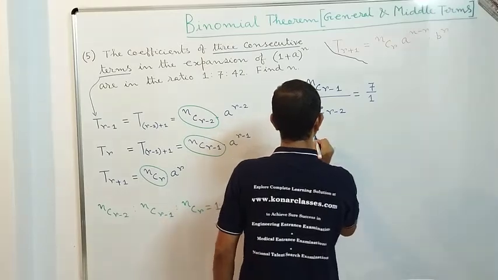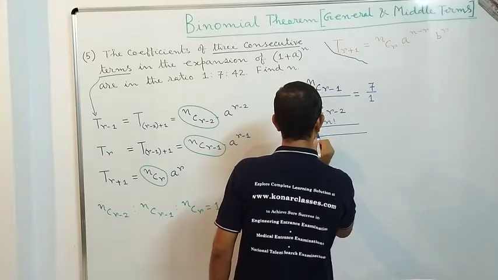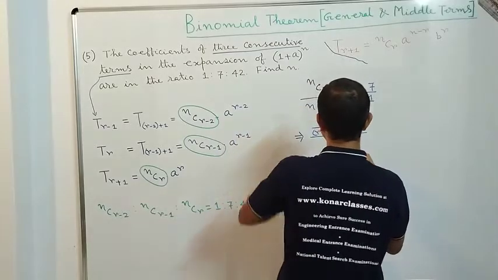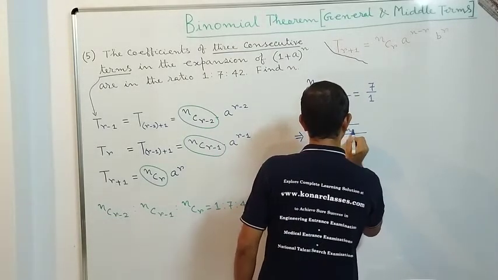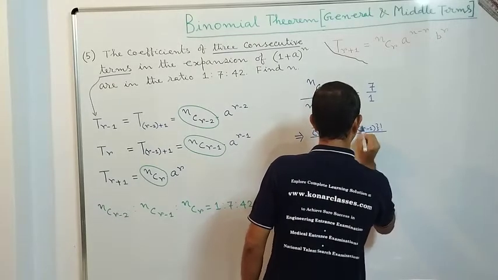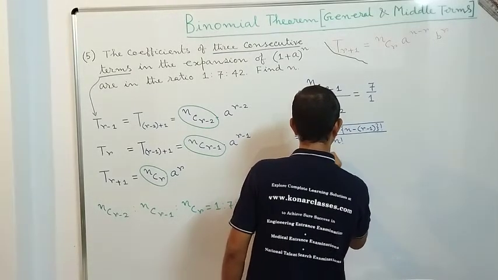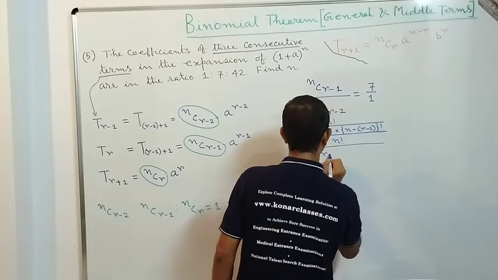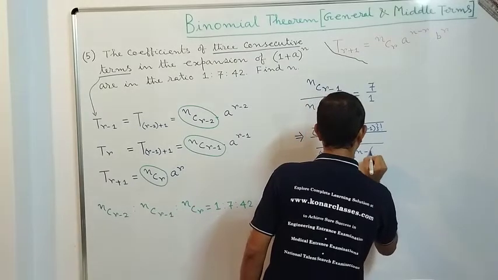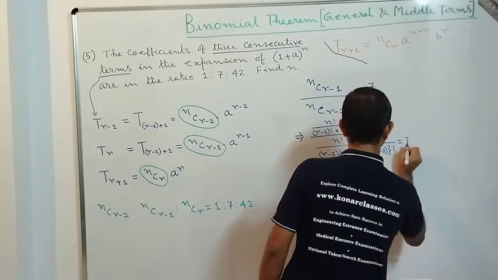We get nC(r-1), that is equal to factorial n divided by factorial r minus 1 into factorial n minus r minus 1, divided by nC(r-2), so that means factorial n divided by factorial r minus 2 into factorial n minus r minus 2. Correct? So that is equal to 7.